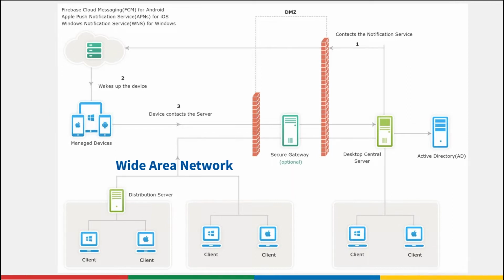Compare the ratio of 900 into 10 MB and 1 into 10 MB. This is how the distribution server helps you in optimizing your bandwidth.